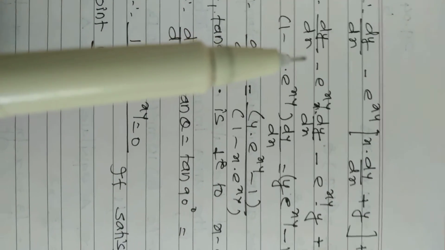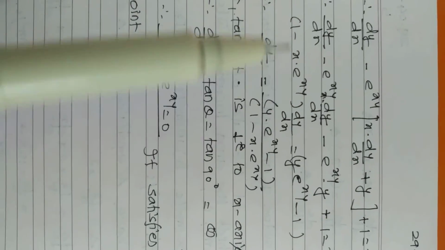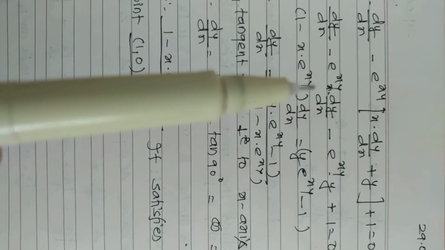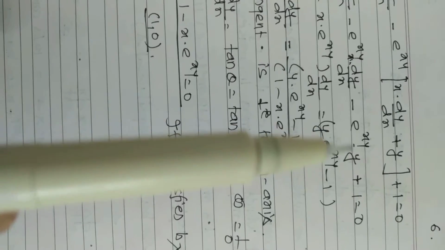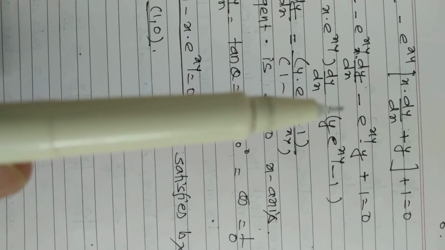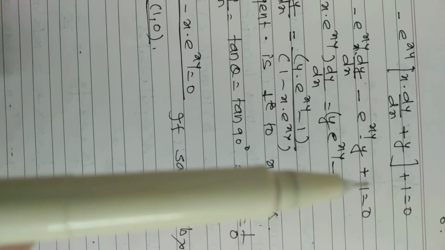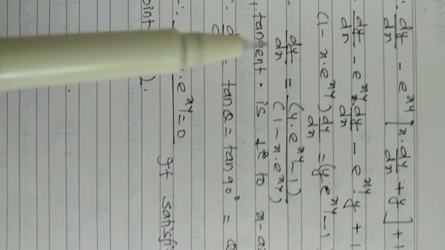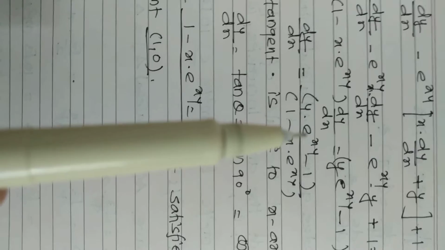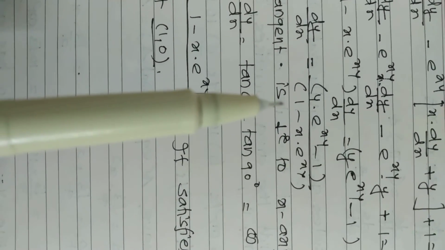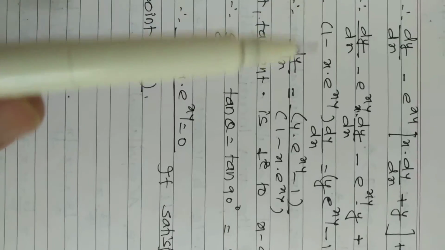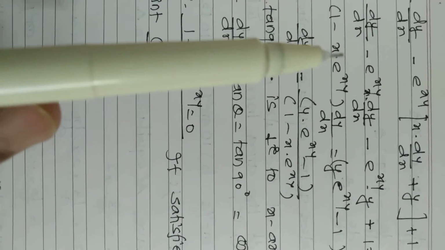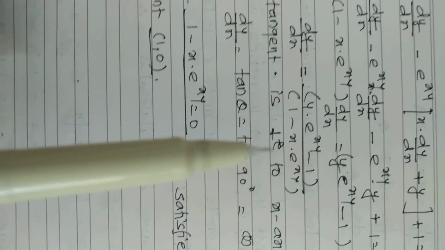Collect the terms of dy/dx. In the bracket, 1 minus x e^(xy) into dy/dx. The remaining terms we transfer to the right, so the sign changes. Finally dy/dx is (y e^(xy) minus 1) divided by (1 minus x e^(xy)), because the bracket is in multiplication, so when transferred to the right it is in the denominator.